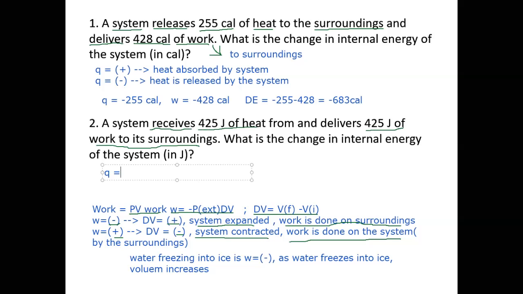Here Q is positive because the system receives 425 joules of heat, and work is negative because it delivers 425 joules of work to the surroundings. So delta E would be 425 minus 425, so it'd be 0 kilojoules transferred. I'll give you a little moment to look over all of this, and then we'll continue.